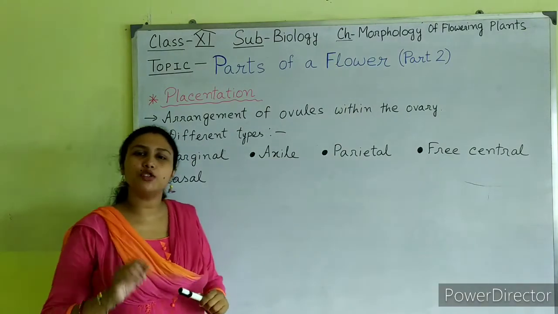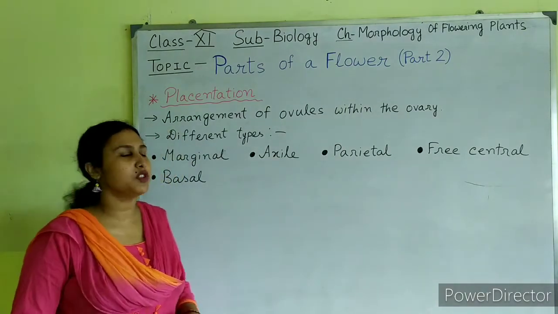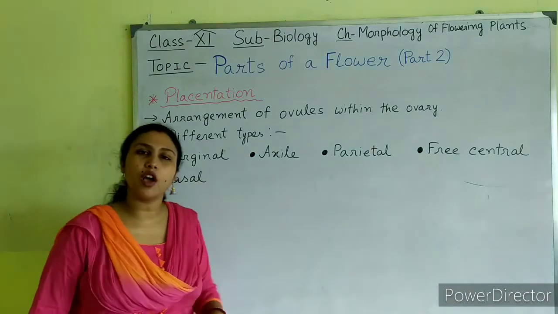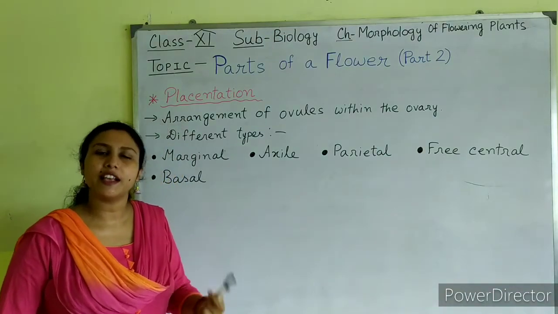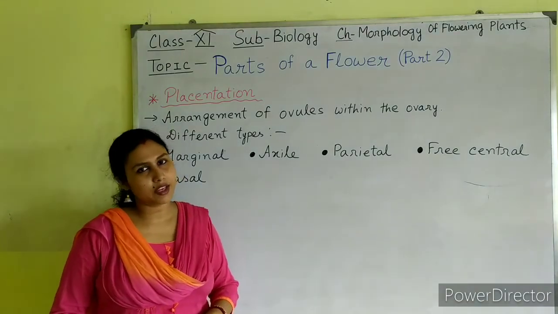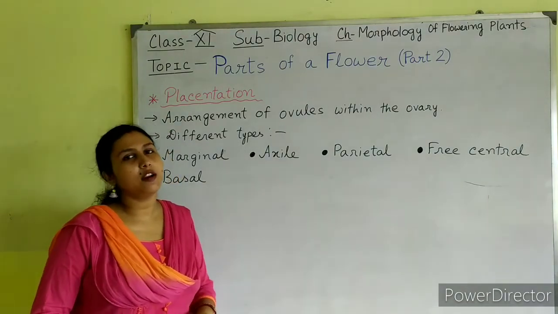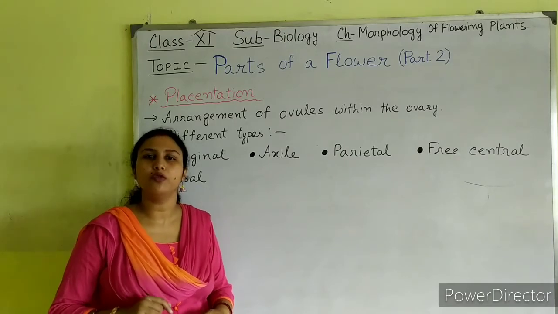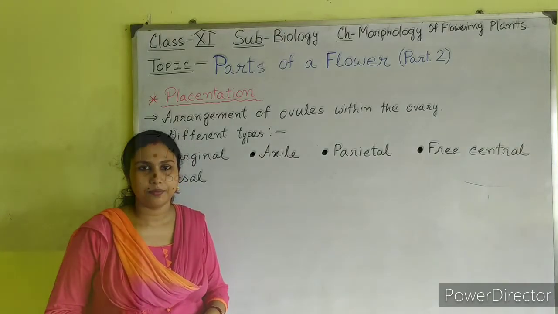Now students, I will show you diagrams of these different types of placentation, and I will explain along with the diagrams. So observe the diagrams carefully and try to understand whatever I am explaining.